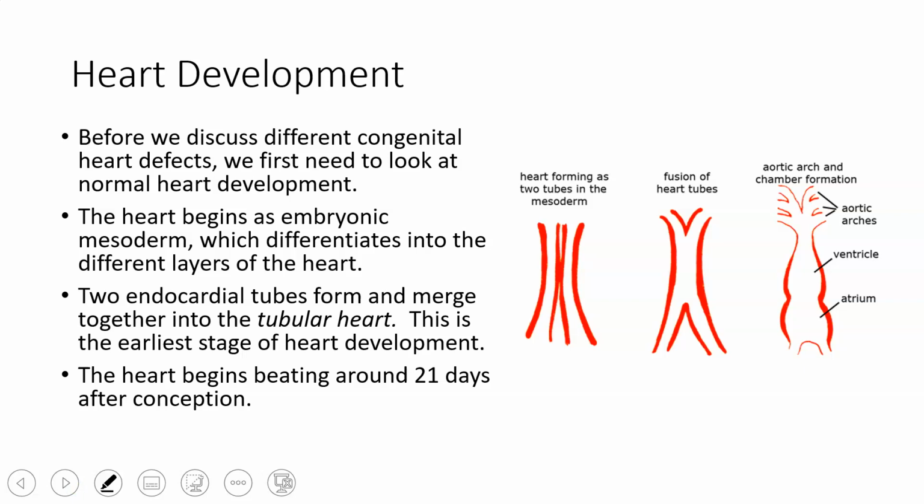The heart starts as embryonic mesoderm, one of the embryonic tissues that we'll look at much later this semester. This embryonic mesoderm forms later as the heart, and we get these tubes called the tubular heart. The heart begins beating around 21 days after conception.